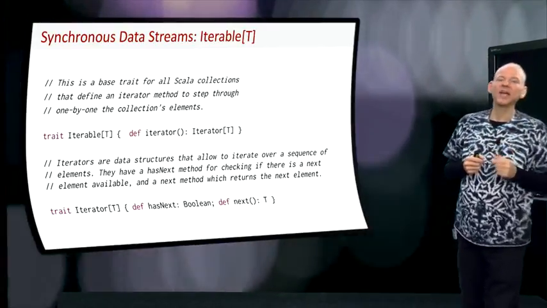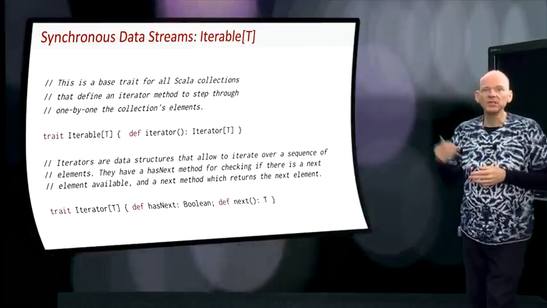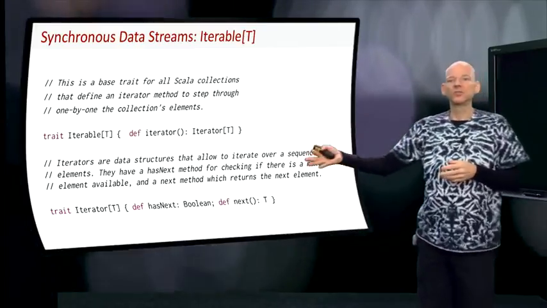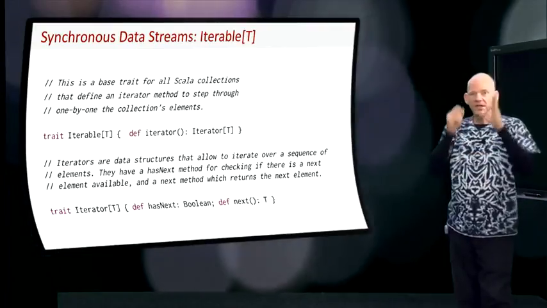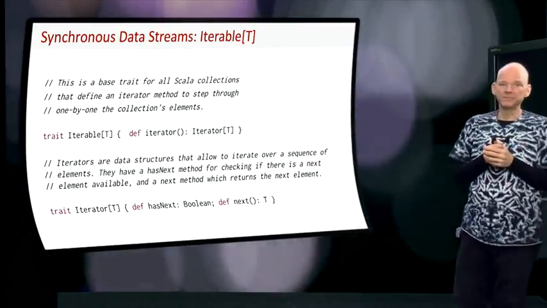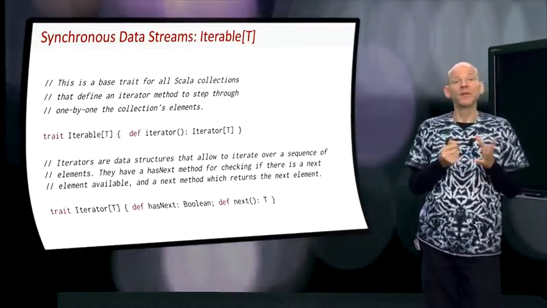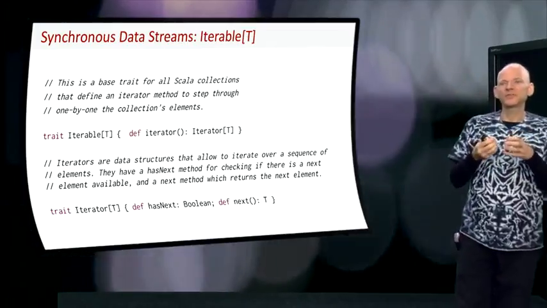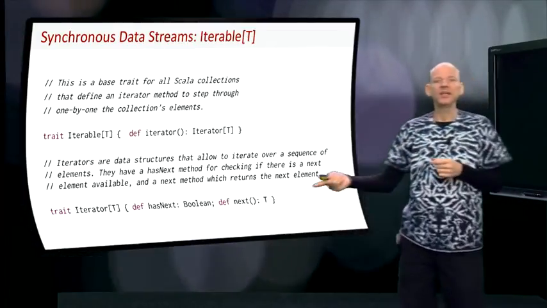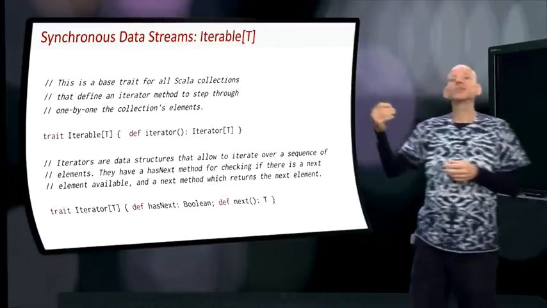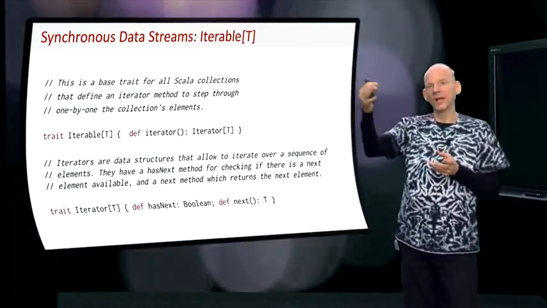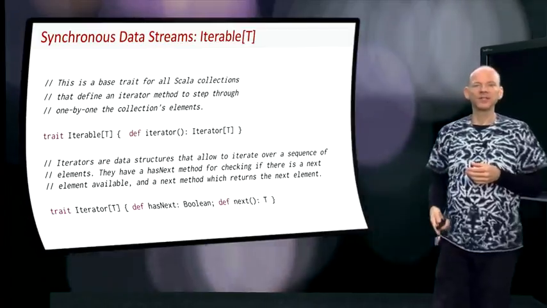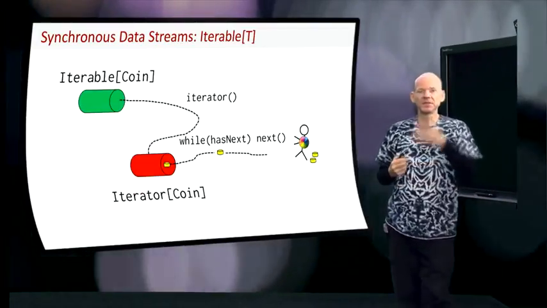And when hasNext tells you true, you will call next to give you the next value. All right? So it's a pair of traits that represent collections. And you see here, in this case, because you call next, these are pull-based collections. You're pulling every time for the next element.